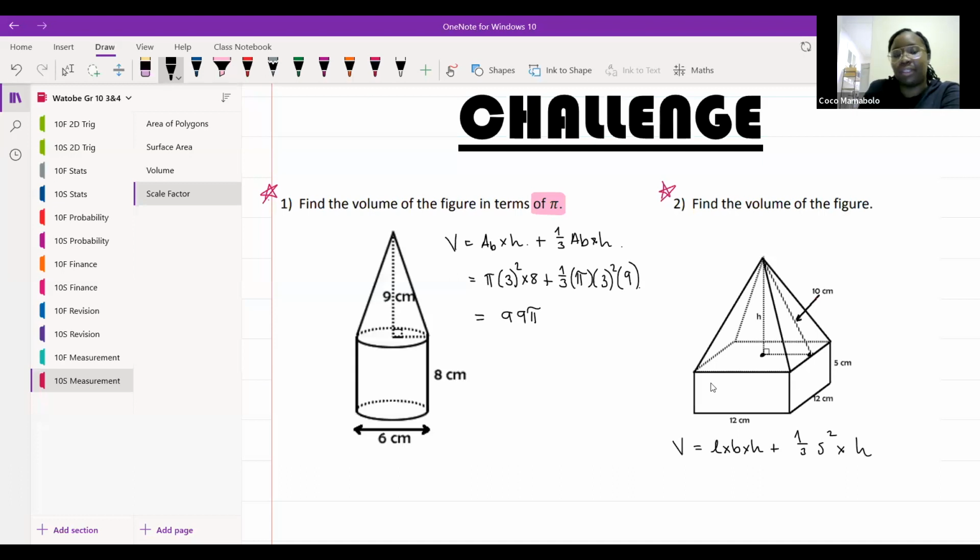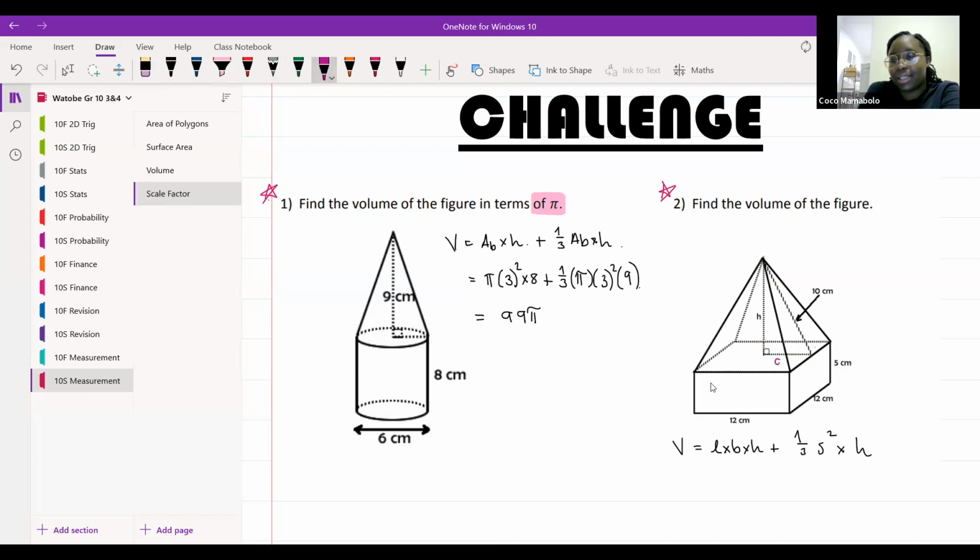Now, we don't have h, but we know that I've got a right angled triangle over here, so I need to use Pythag to find that h. This side over here is equal to 10. I know that the apex of my pyramid is going to be half of my square, which means my base over here is going to equal half of 12.